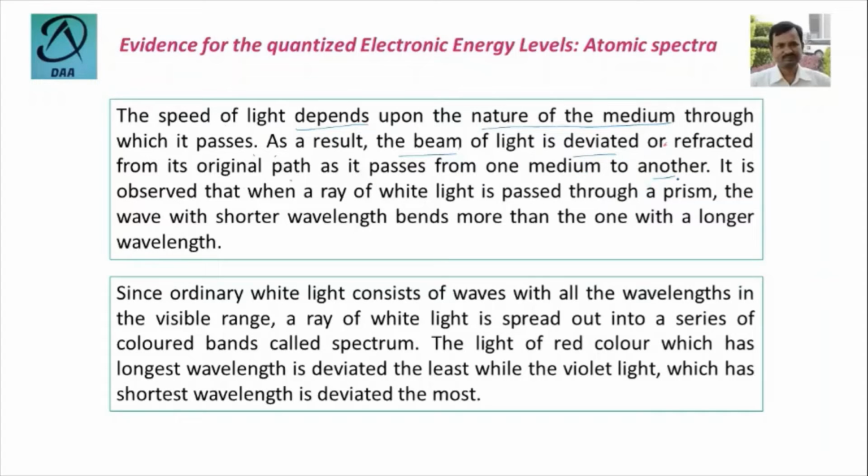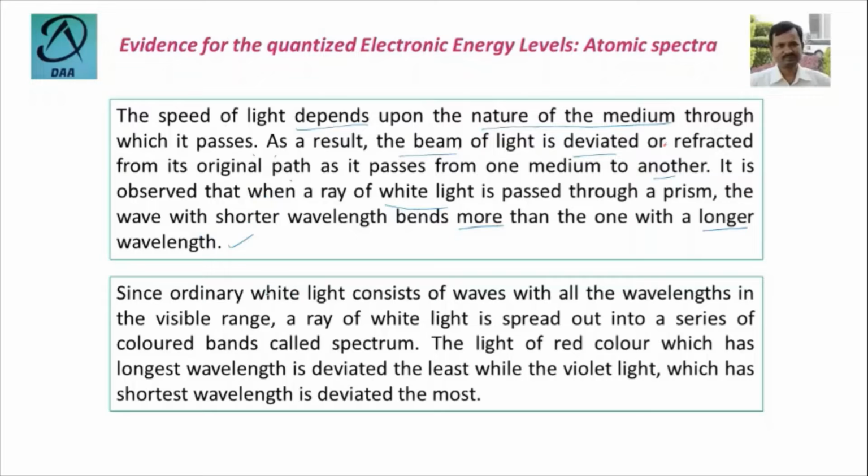So if you consider the prism, when white light is passed through it, shorter wavelengths bend more, deviating more than the longer wavelengths. So we have to remember that through a prism, shorter wavelengths deviate more, and longer wavelengths deviate less.